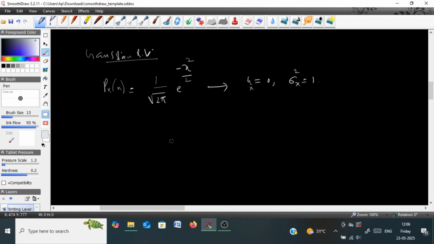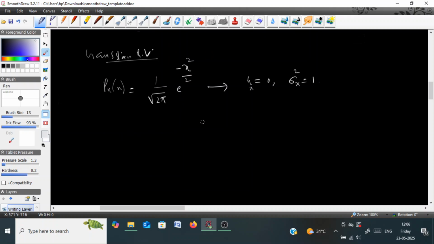So the Gaussian random variable is defined using a PDF, p x of x, as 1 by under root 2 pi e raised to power minus x squared by 2. So this is a Gaussian random variable with a zero mean value, mu x is 0 and sigma x square is 1. Okay, with a zero mean and a constant variance.